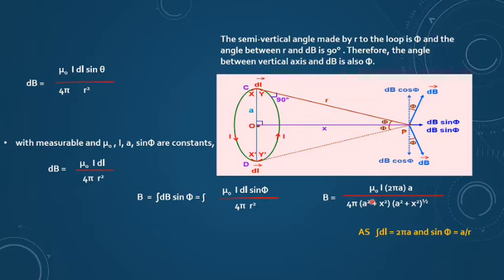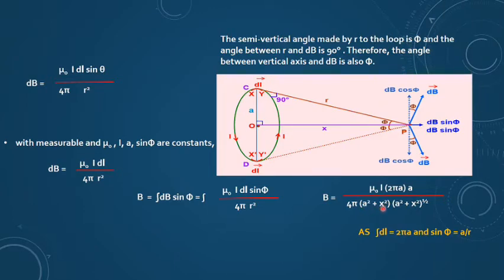You are getting mu naught I, integral of dl is 2 pi a, sin phi is a upon r, and r here, you can see from the diagram, is equal to the square root of a square plus x square. And here you have to put the value of r square, which is of course the square of the square root, so you are getting a square plus x square.